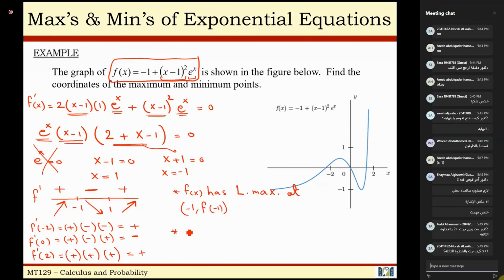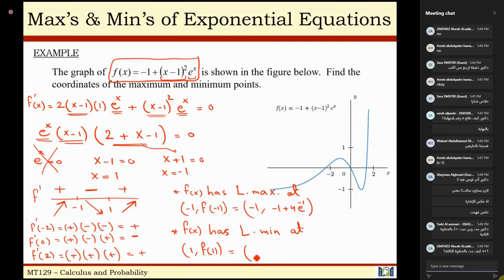Also, we can conclude f of x has a local minimum at 1 and f of 1. f of negative 1 equals (negative 1 minus 1) squared, negative 2 squared, 4. So we have 4 e to the power negative 1, like this. Okay.